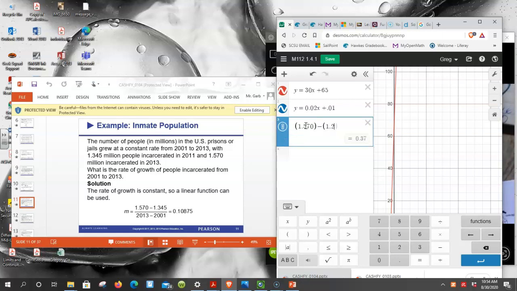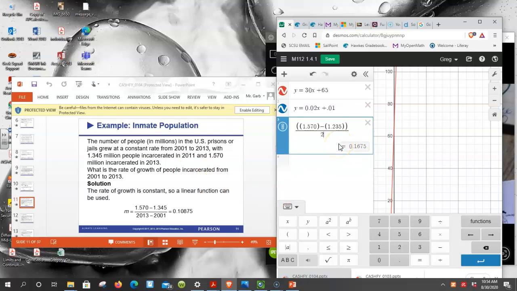That's the vertical change, over the horizontal change. What's the horizontal change? It's going from 2011 to 2013, so it's 2 years. So there you go, it's 0.165.